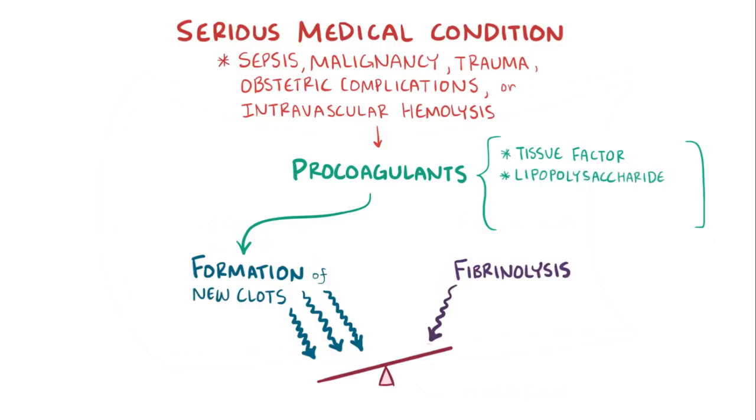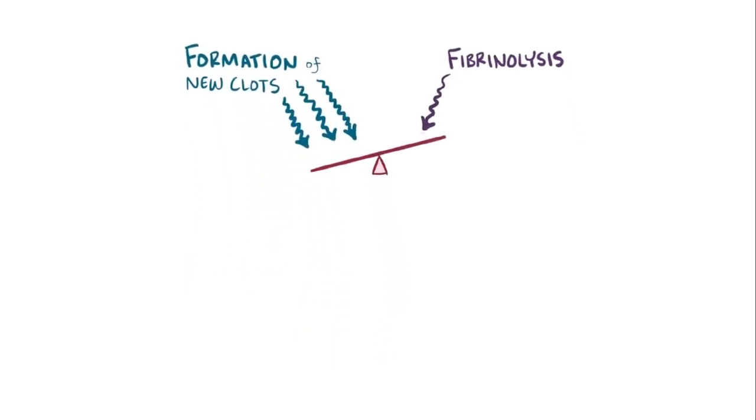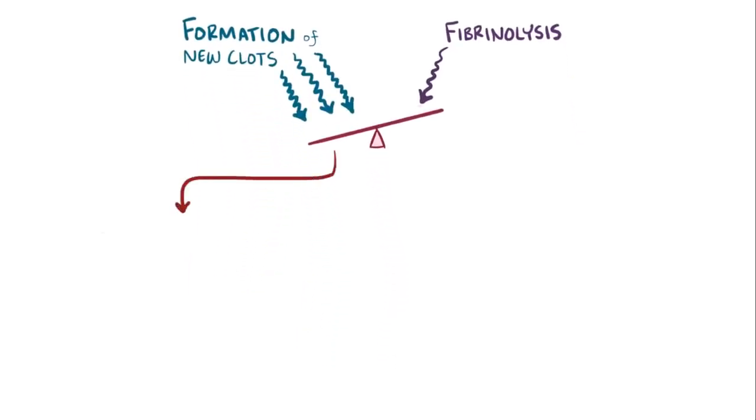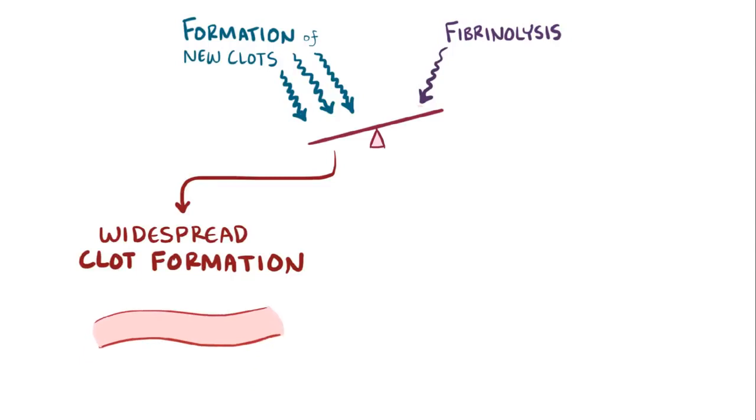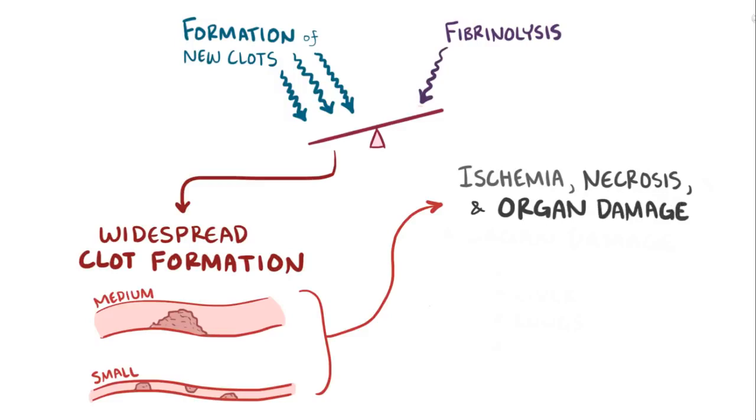Or it could even be the presence of enzymes that help to proteolytically cleave and activate clotting factors. Whatever the cause is, in response, the coagulation pathway goes into overdrive, resulting in widespread clot formation, which plugs up medium and small blood vessels, which leads to ischemia, necrosis, and eventually organ damage. The kidneys, liver, lungs, and brain are particularly susceptible.